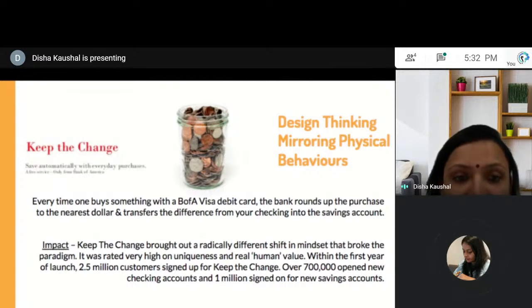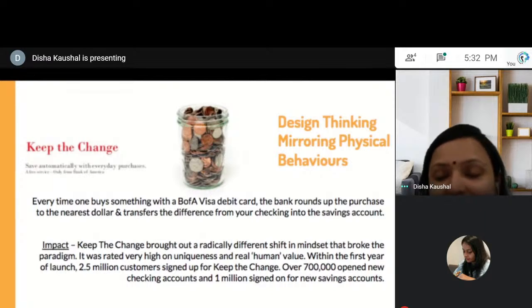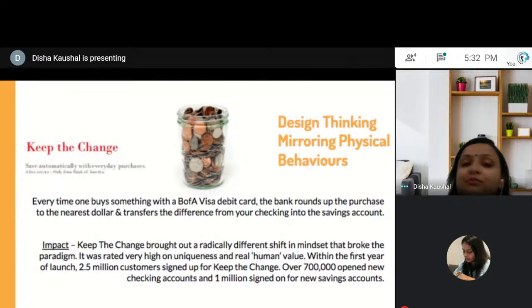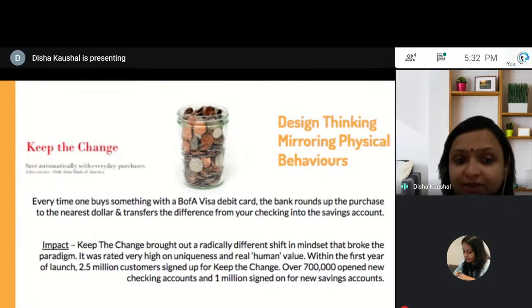Yes, ma'am. Okay, so there are some key things that I want you to take away from this particular case study. It is how interestingly they noticed the spending behavior or the monetary habits of people, understanding who is in charge of the finances.